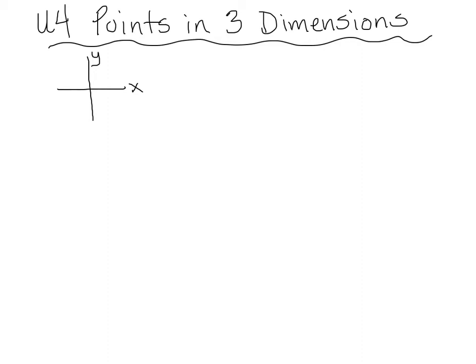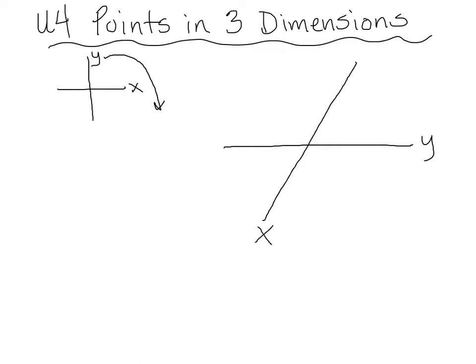And so what this set of axes usually looks like is we're laying this xy plane, this flat two-dimensional surface, down flat, and it looks like this. Our y-axis actually lays horizontally, and our x-axis now comes at a slant like this.